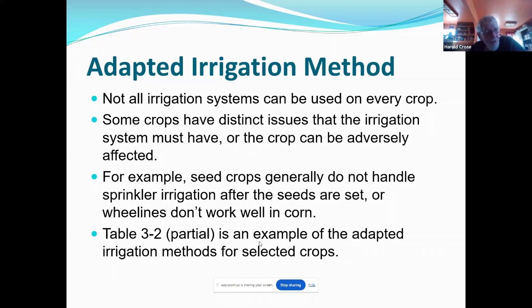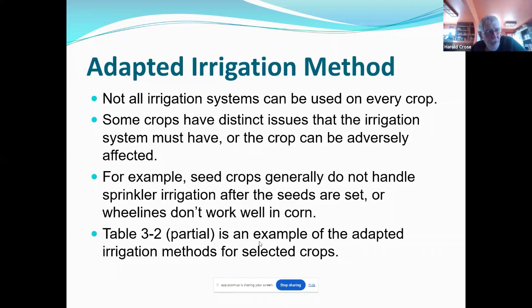And the reason why we're looking right now at that mobile drip irrigation system is because that system puts water right on the soil surface, and it doesn't wet any of the canopy of the crop. And in potato crops specifically, if you start wetting the canopy of that crop, it promotes disease issues.